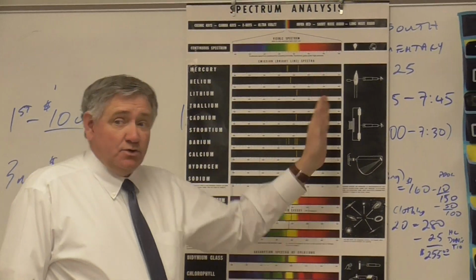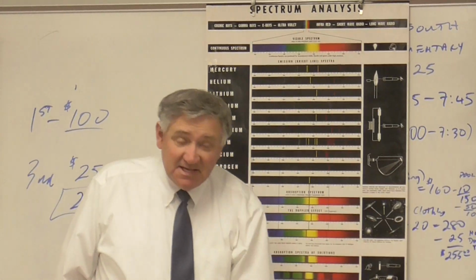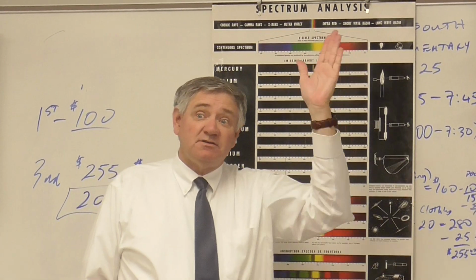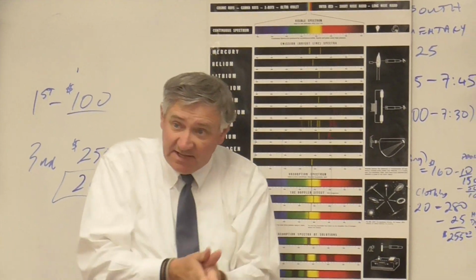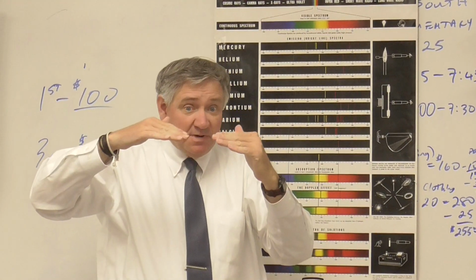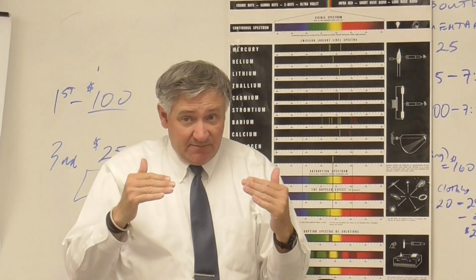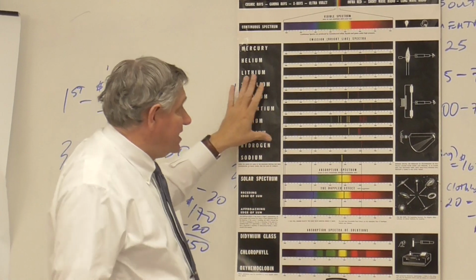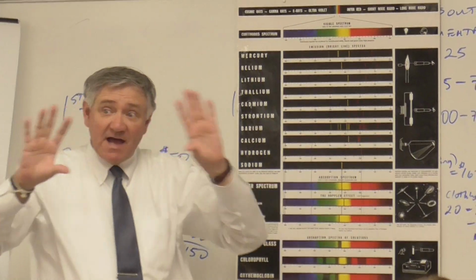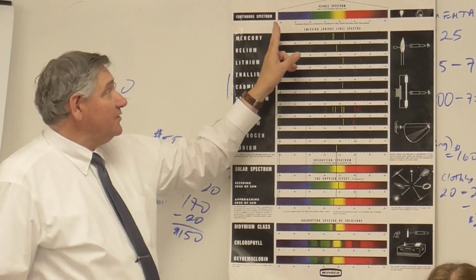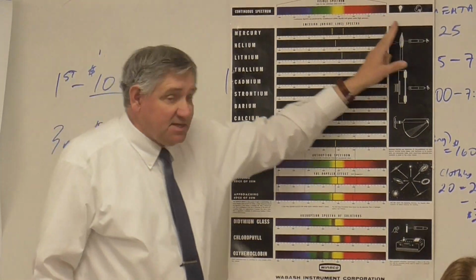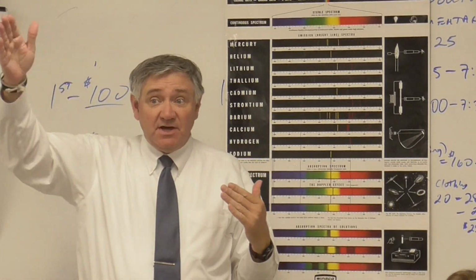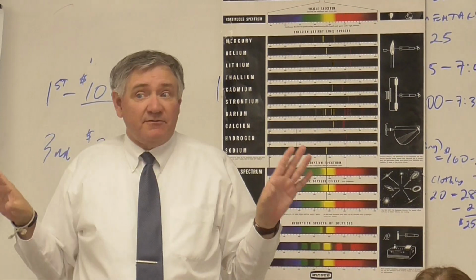So here's the point. The reason you have bright lines is because electrons are in quantum states. They can absorb a certain amount of energy, and they can emit a certain amount of energy. If electrons were in the classical idea, every element would produce a continuous spectrum because that electron could absorb or emit any amount of energy.